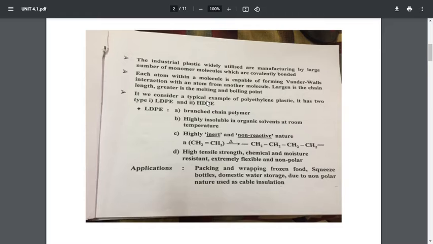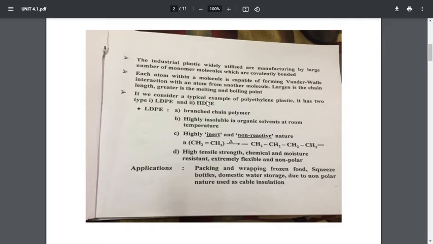The characteristics of LDPE are: A. Branched chain polymer. B. Highly insoluble in organic solvents at room temperature, highly inert and non-reactive in nature. Therefore, whenever you carry food grains in a low density polyethylene bag, it doesn't react with them.